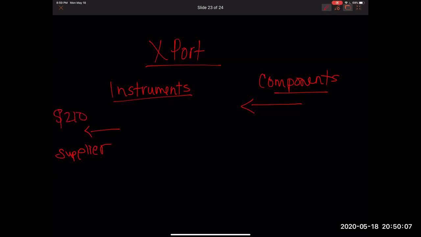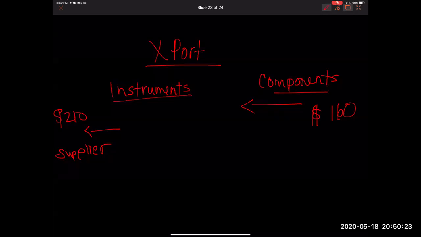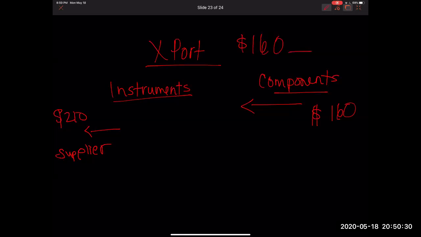And now they said that the components division's variable cost is $160. So what I can tell you right now is anything between $160 and $210 is a win for both parties, so they've got to settle in between that.